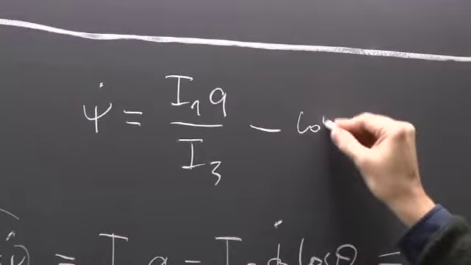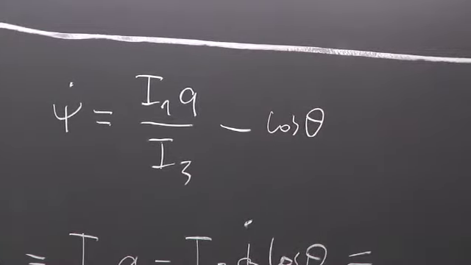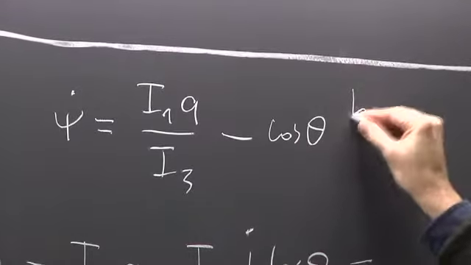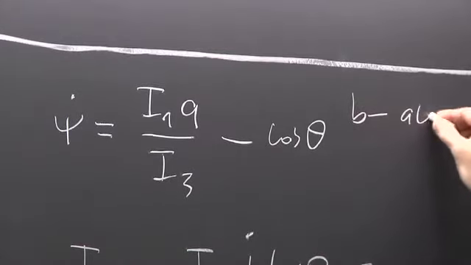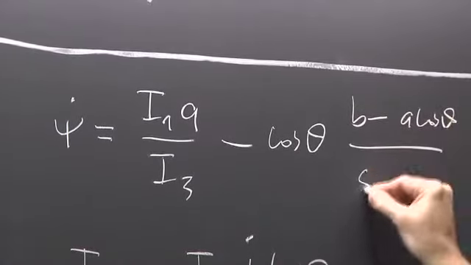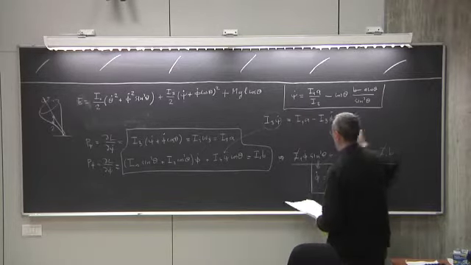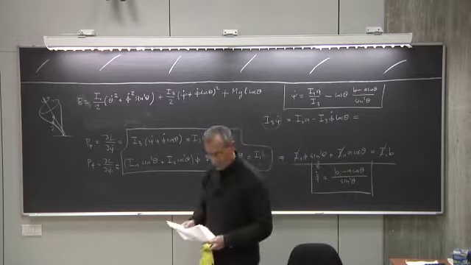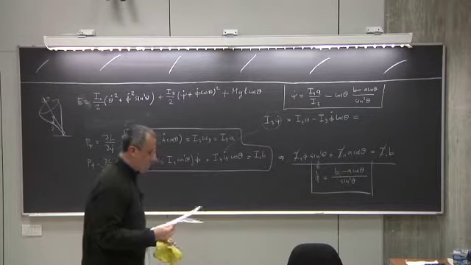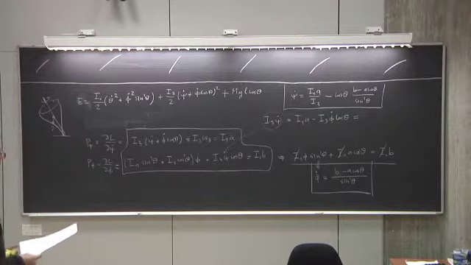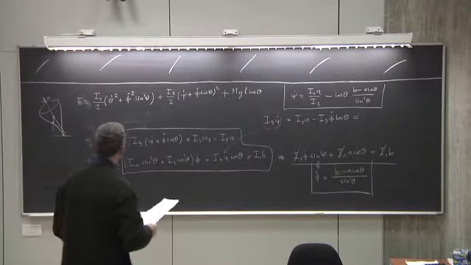So cosine of theta, I3 simplifies, cosine theta times this coefficient, b minus a cosine theta over sine square theta. So 1 and 2. I have my two equations, the integration of which, if I integrate them.